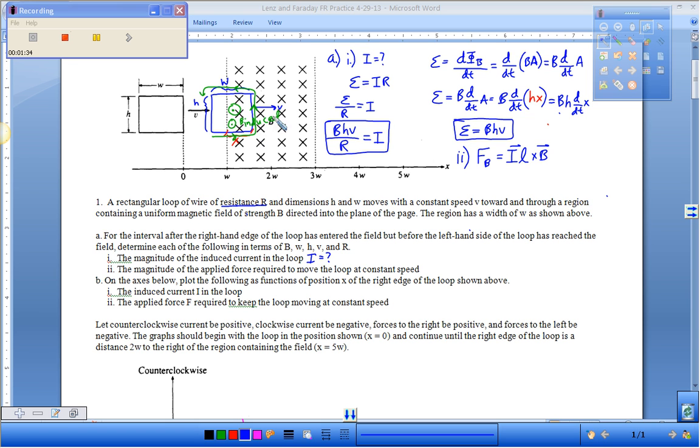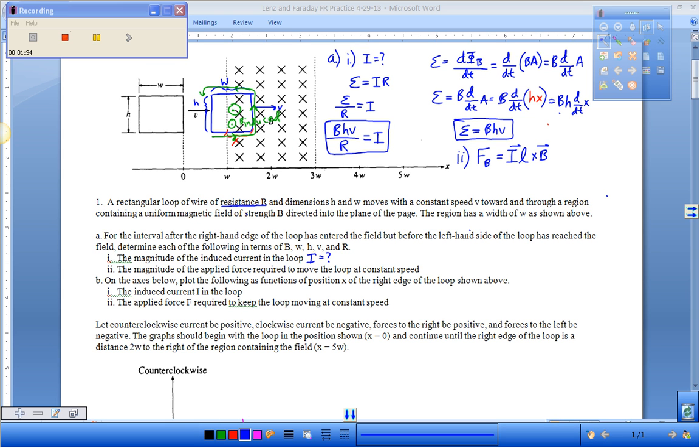And that current and that magnetic field are at right angles to each other. I'm not worried about the magnetic field that's being induced by this current in the wire because that field doesn't exert a force on the wire that's creating it. I'm only worried about the force exerted by this external field on that current carrying wire.